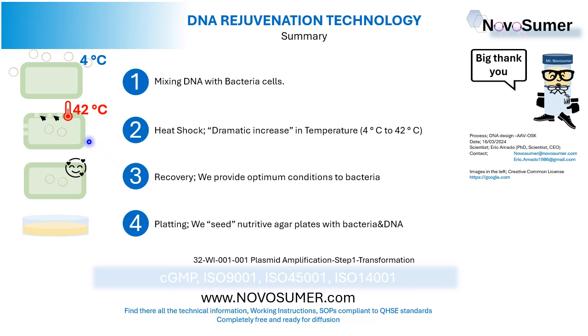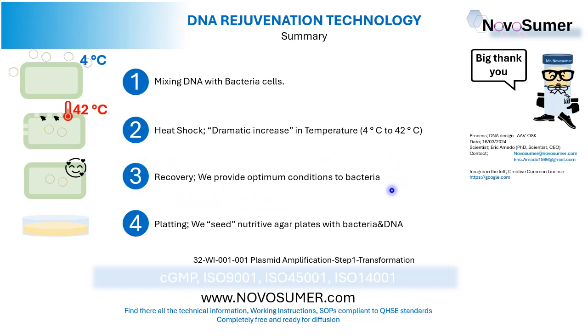Once we have the DNA inside of the cells, the third step is recovery. The recovery, the healing of the cells, the sealing of the pores. We need the cells healthy. So what we do in this step is just providing to the cells optimum conditions to heal.